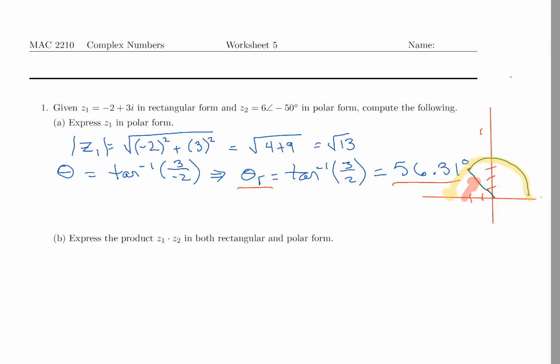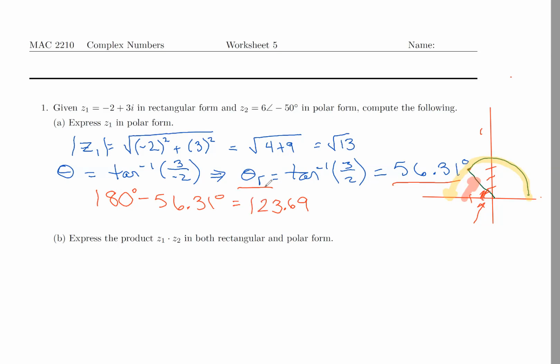That's why it's negative. So I have 180 degrees minus this reference angle, which is 56.31 degrees, which means my answer here is 123.69.